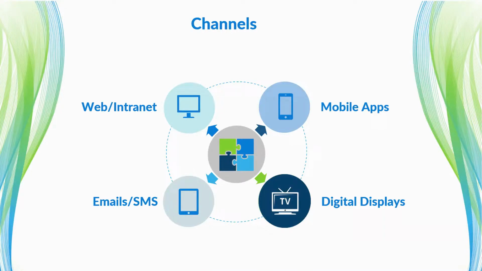You're going to want to use as many channels as possible to get that information to your employees. So for instance, HubEngage has a web and internet application. They can access the information directly on the web. There can be a link on the internet. They're able to push information via email and SMS, which is another word for text messages.